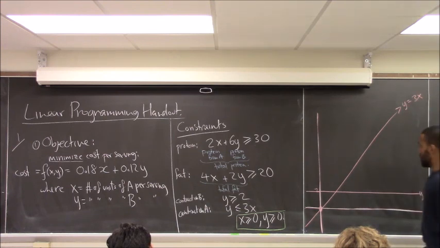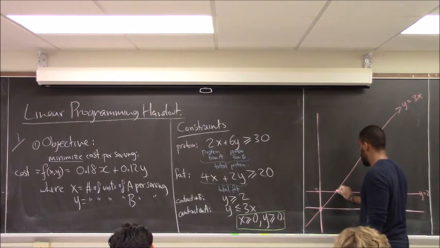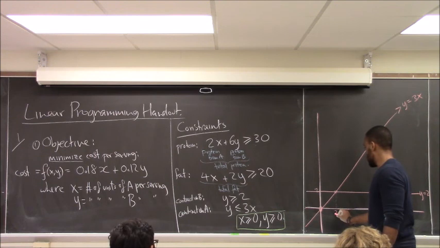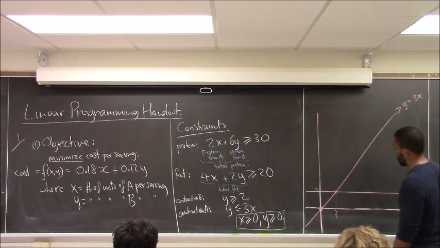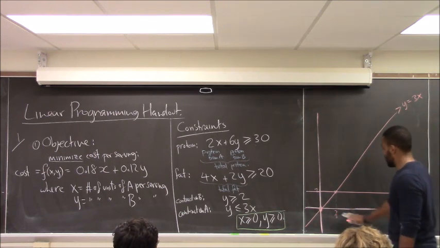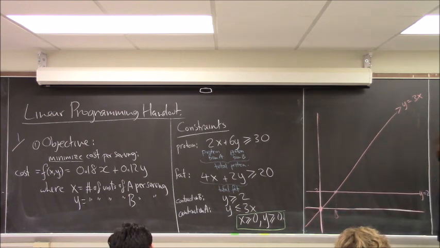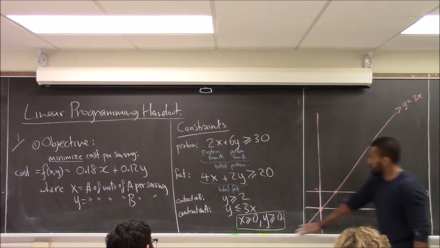Y equals 3x will hit at 2/3, because the y is 2, so the x will be 2/3. Okay. That takes care of all the bottom ones.